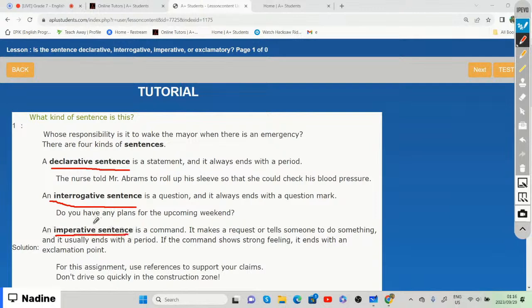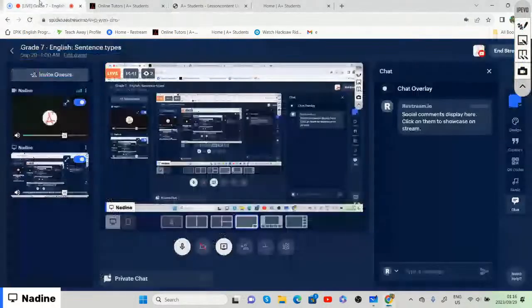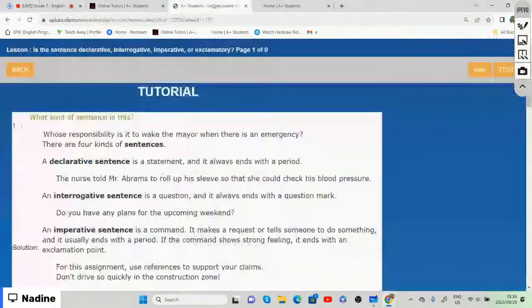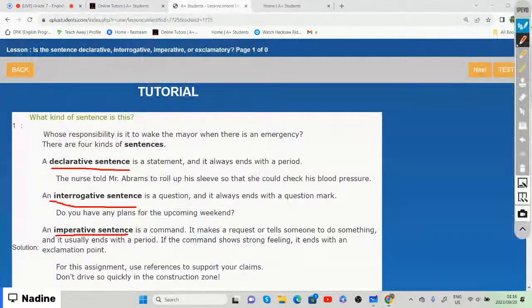And then we have an imperative sentence. An imperative sentence is a command. So it's a command. It's like you're telling someone to do something, or it's a request that is being made.